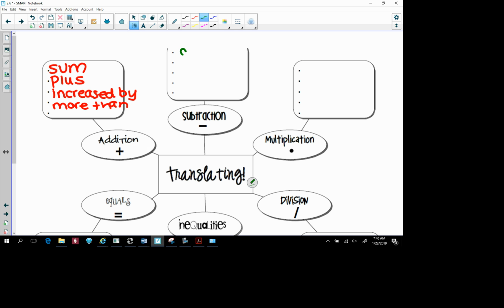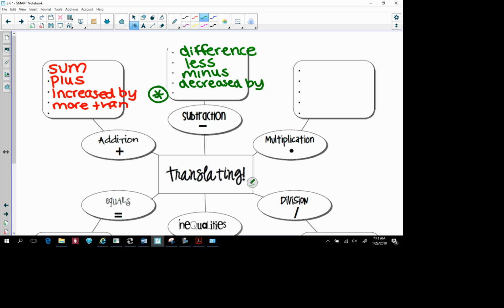So subtraction would be like difference, less, minus, decrease by. And these are your turnaround words.